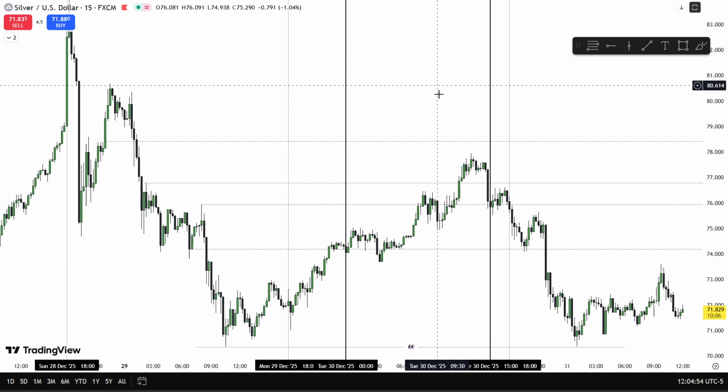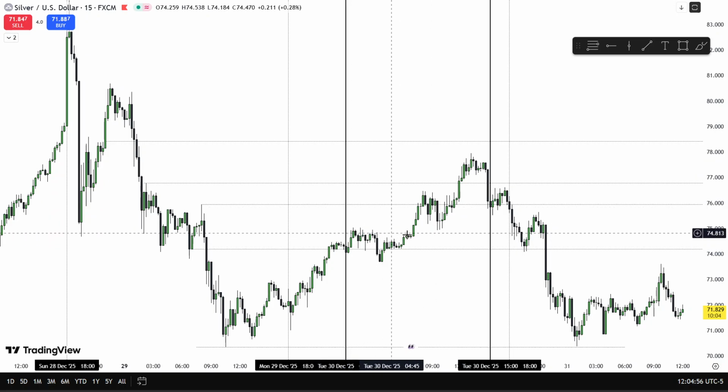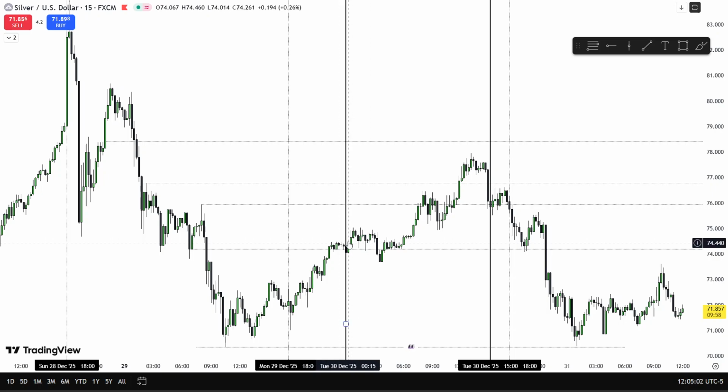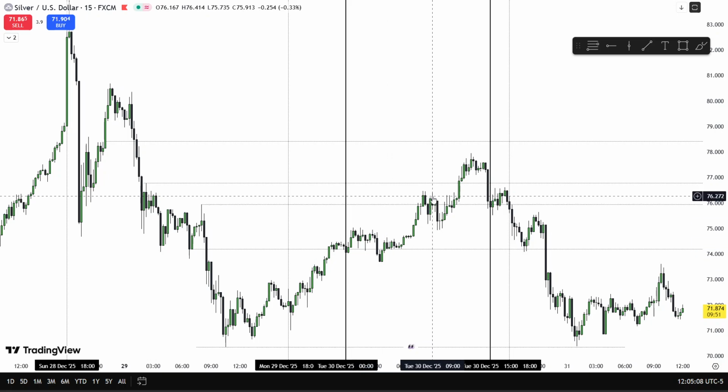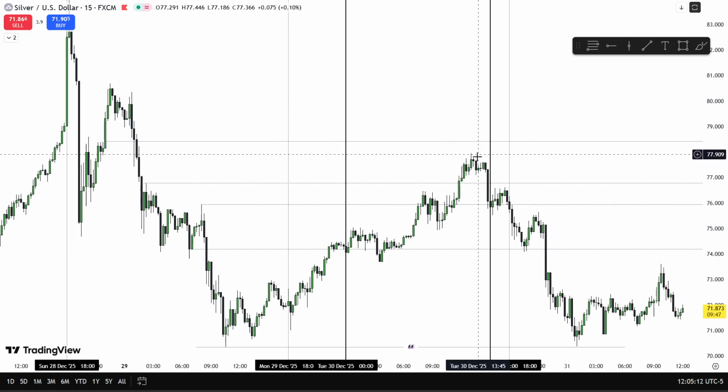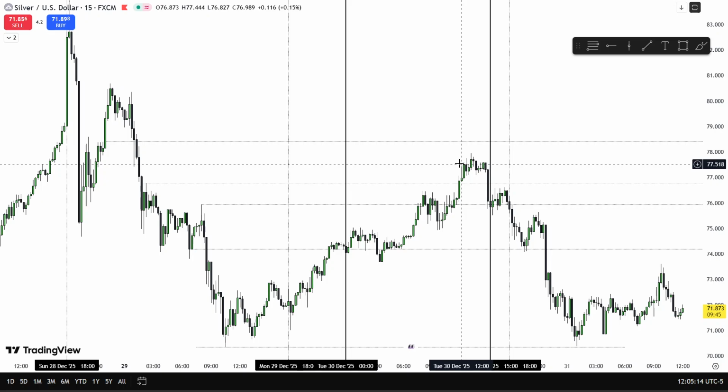Yeah, so you can see the daily profile. It's London delayed protection, boom up, New York continuation, and then this is London close reversal.